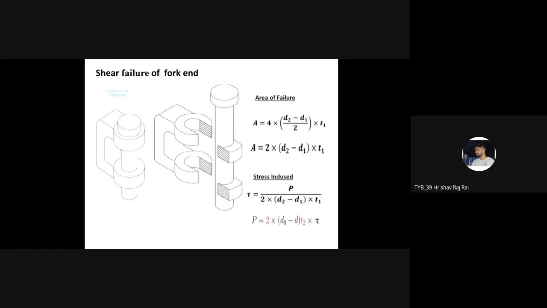So the total area of shearing will become 4, because in one eye from both sides that area is going to shear out. And as we have two eyes, 2 multiplied by 2 will become 4. So 4 times the shearing area, because shearing is taking place at 4 places.